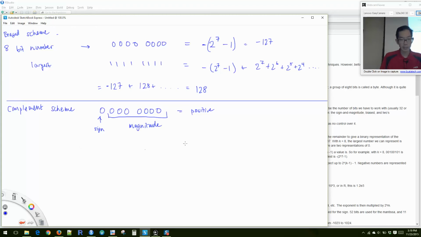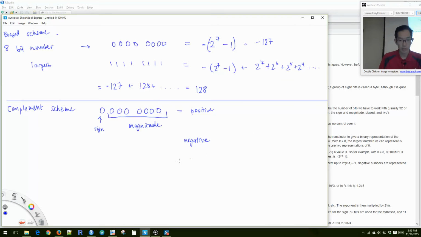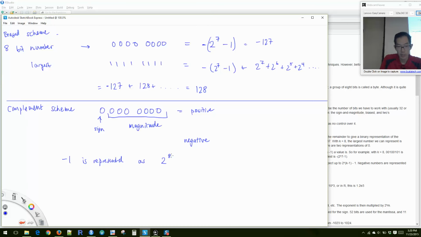But then for negative values, negative 1 is represented as basically 2 to the 8th minus 1. Essentially that's 1, 1, 1, 1, 1, 1, 1, 1.